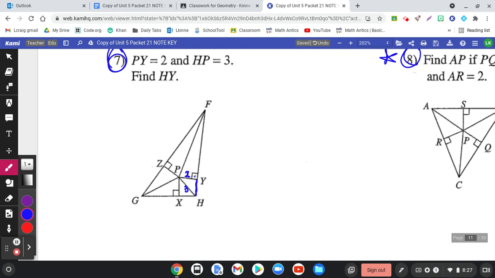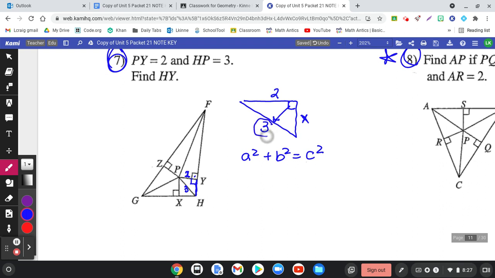If you notice, since this is right, and you're dealing with a right triangle, I'm going to pull that right triangle out. So this is 2, this is 3. We're looking for HY. Anytime you're looking for the missing side of a right triangle, and you'll see these pop in all throughout the year, use Pythagorean theorem.